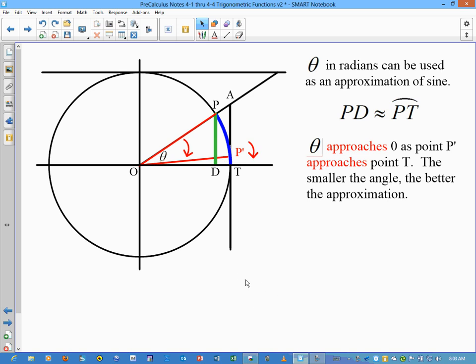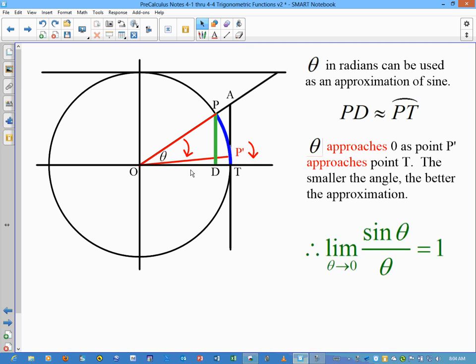And taken to its limit, and this is planting the seed a little bit for calculus, as theta completely closes up, these two will eventually be thought of as the same length.